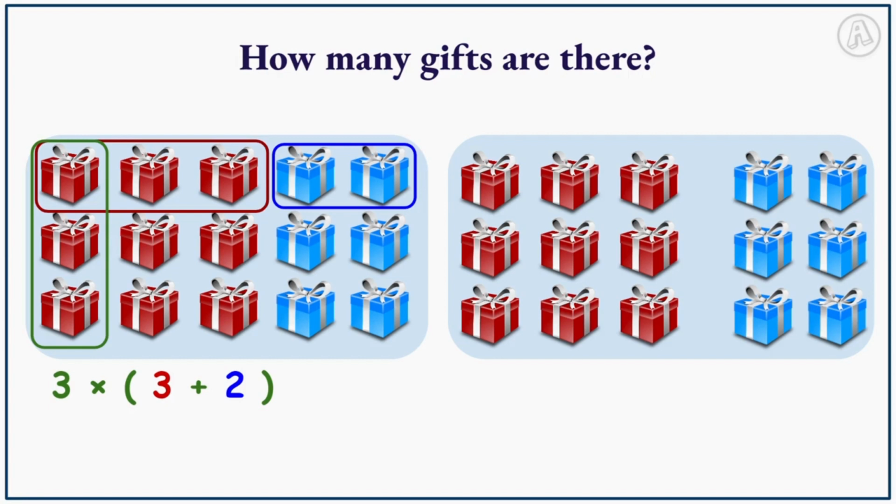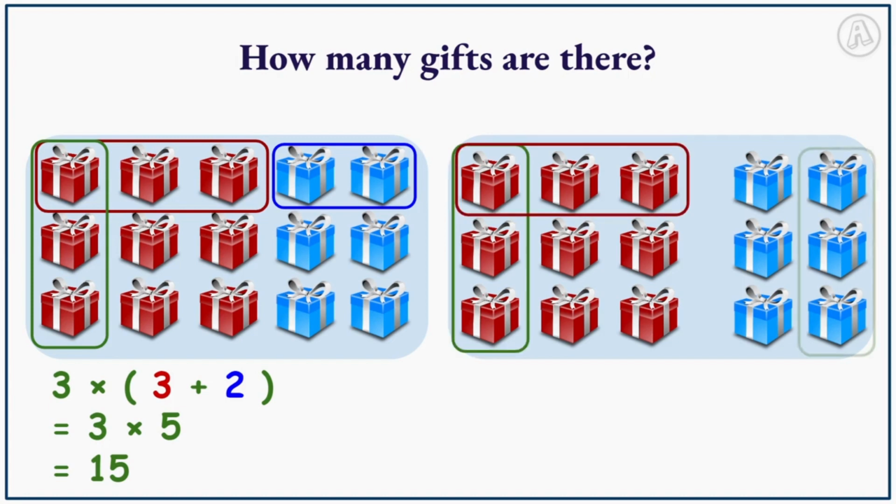So we distribute the 3 into the 3 red gifts, and we distribute the 3 into the 2 blue gifts. Then our next step would be to say 3 plus 2 equals 5. So we have 3 times 5, which equals 15. Therefore, there are 15 gifts in the picture.